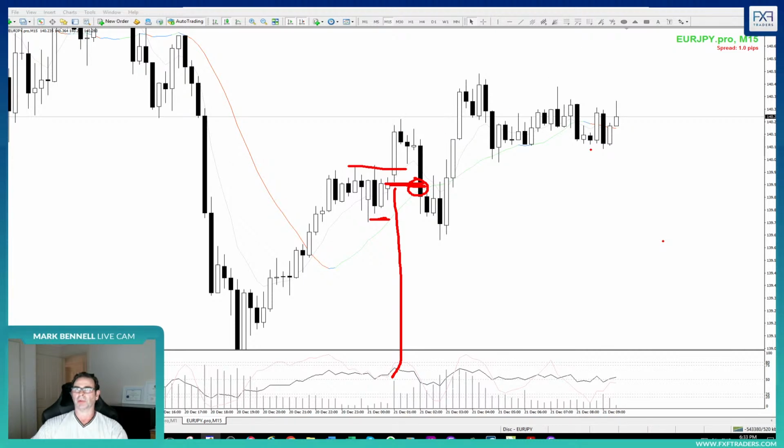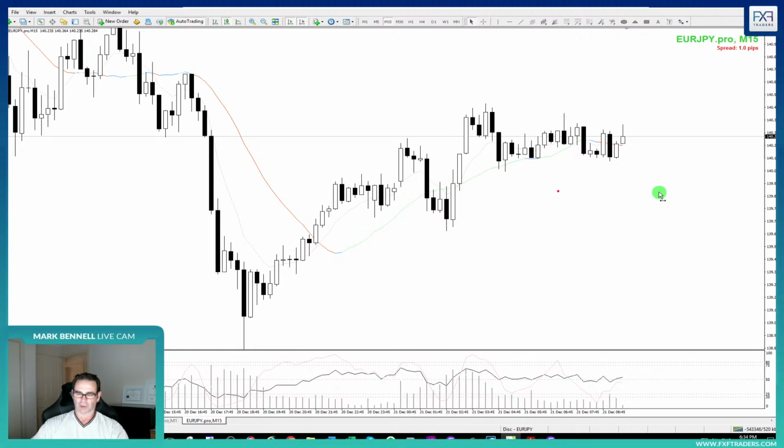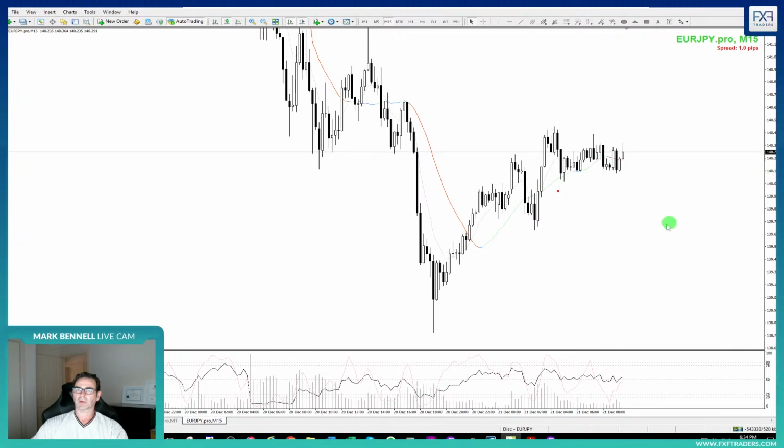Any of these big dominant candles as well? Yeah, overlapping bars is fine as long as they're not big wide range bars. If you've got a big bar through here, you might want to consider the 61. Those sort of things. I did a video on it.